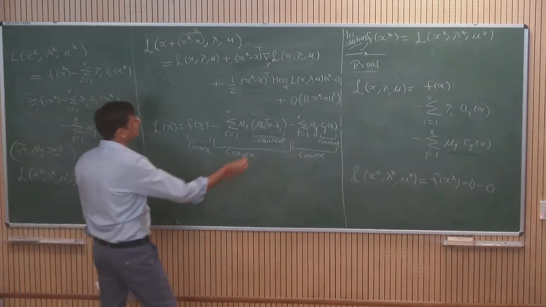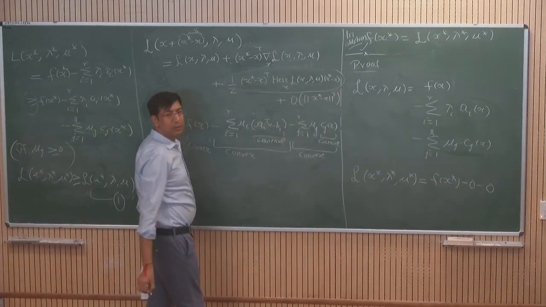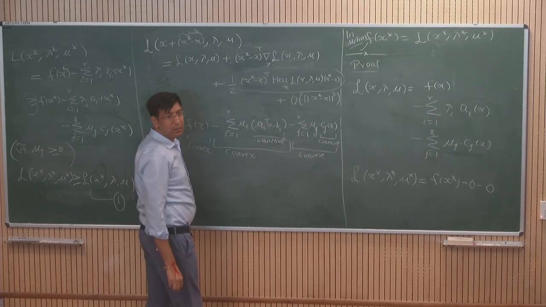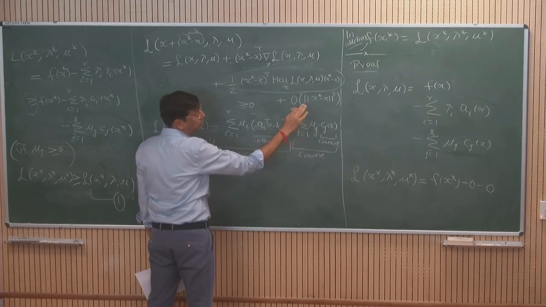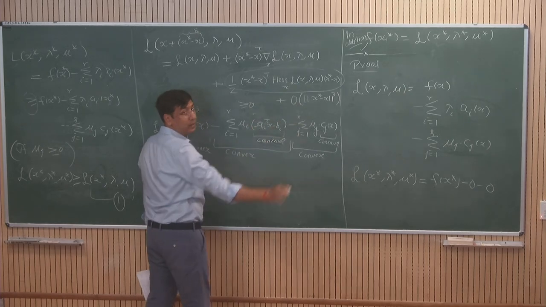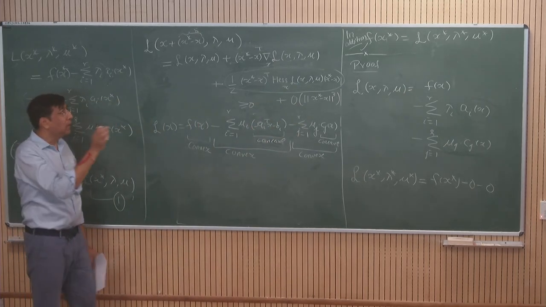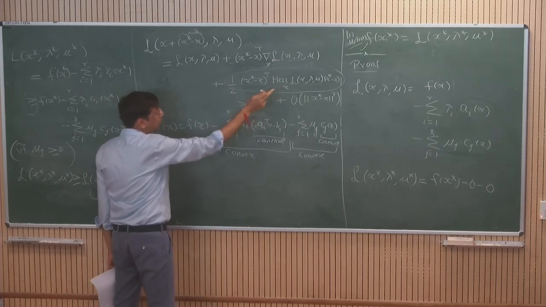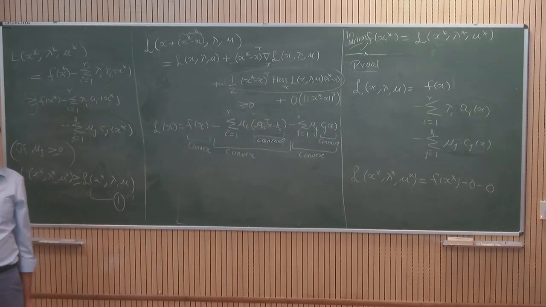So this whole thing is greater than or equal to 0, and I don't care about this because this term will dominate anyways. Yes or no? Here we are working with the Hessian with respect to x. You could also do it with respect to lambda; all the Hessians will be positive semi-definite.